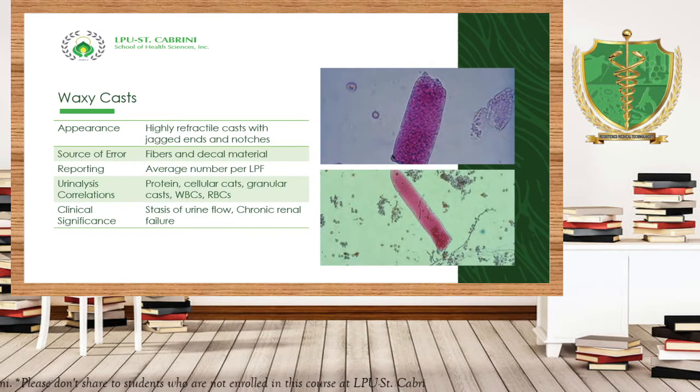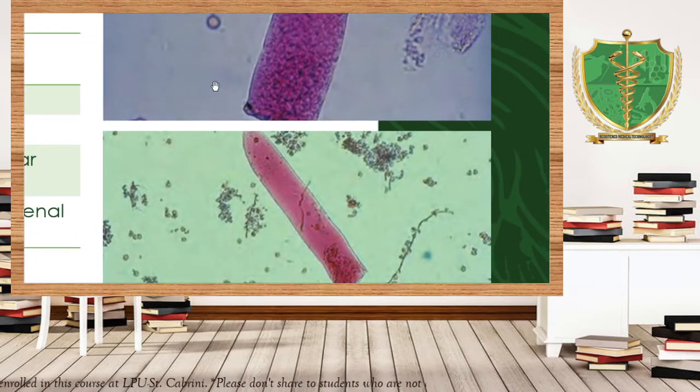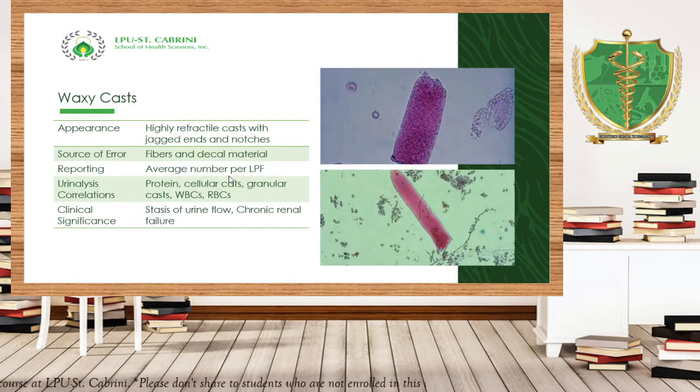Waxy cast is a highly refractive cast with jagged ends and notches, so it has parts that look broken. That is our waxy cast. And that is clinically significant with stasis of urine flow, so there is a problem with urine flow, and chronic renal failure or CKD.